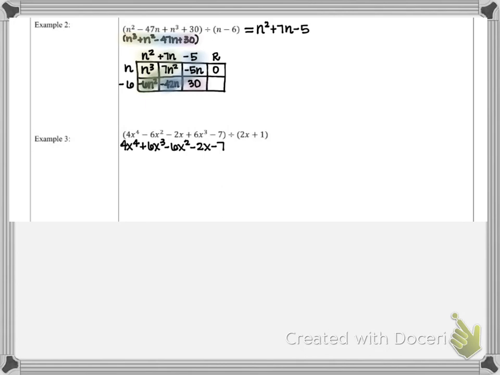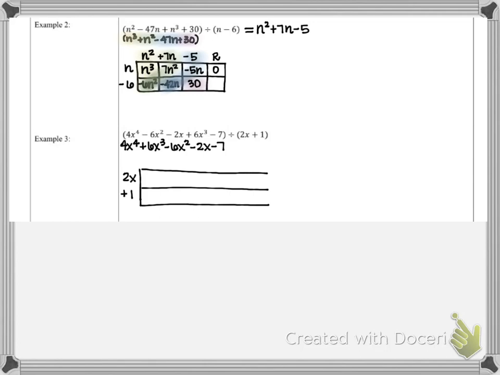I prefer to have it in order just so I don't miss anything. Off to the side, I've got a 2x plus 1. Create the generic rectangle. Again, I don't know how big I need it to be, so I draw it out fairly long, and then I just start filling stuff in.